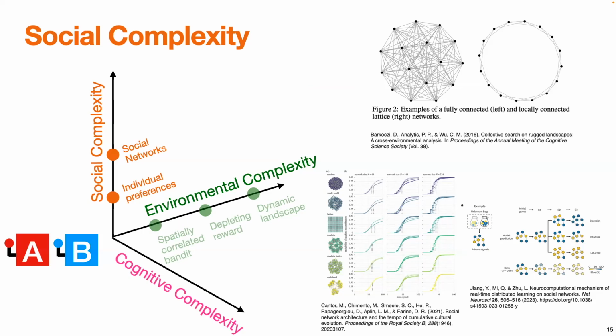But in reality, of course, you can usually access only the others who are connected to you somehow, which means social information transmission usually happens on the social network.